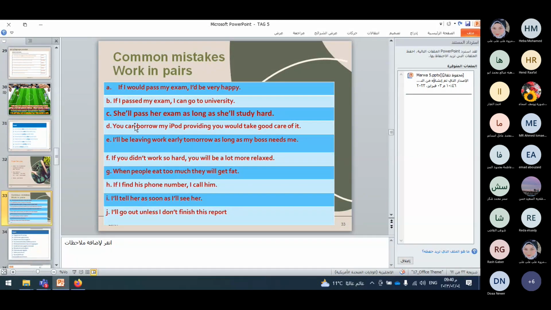So here I will show you only the three challenging and a little bit difficult sentences, which are sentence E, sentence G, and sentence J.